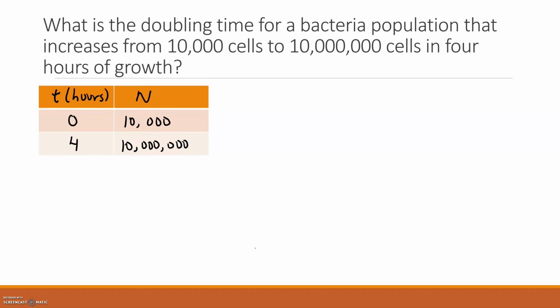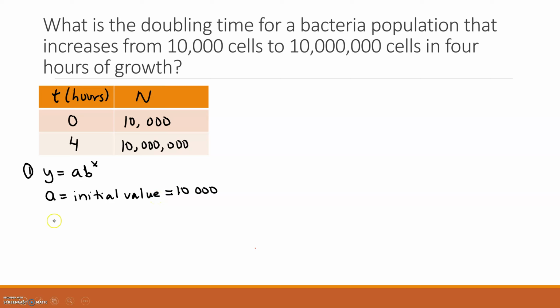The first step is to fit the data to our exponential equation. I'm referring to our general exponential equation, so y is equal to a times b to the power of x. We know a is equal to our initial value and is therefore equal to 10,000.